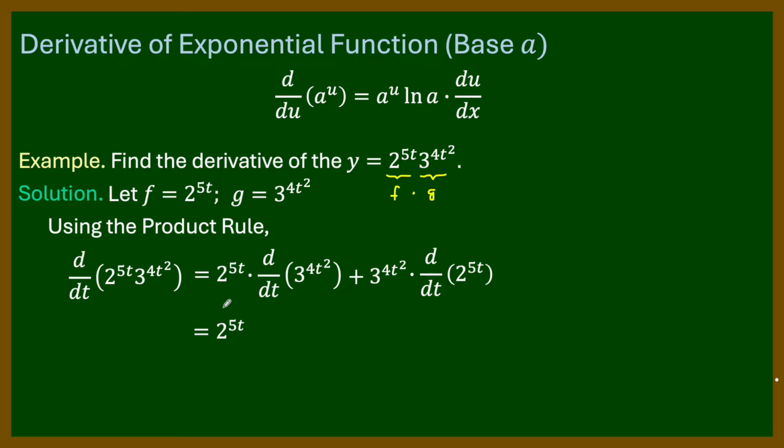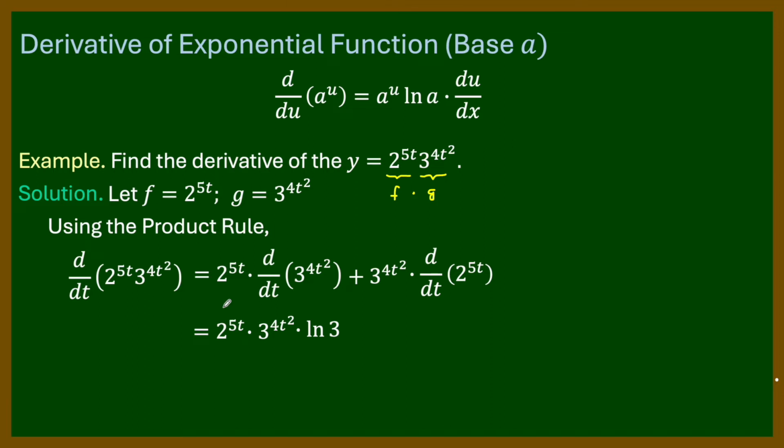Since we already know how to differentiate exponential function with base a, we just apply that. Copy the term 3 raised to 4t squared. That's the a to the u. Then, a is 3. That's why the next term is ln of 3.